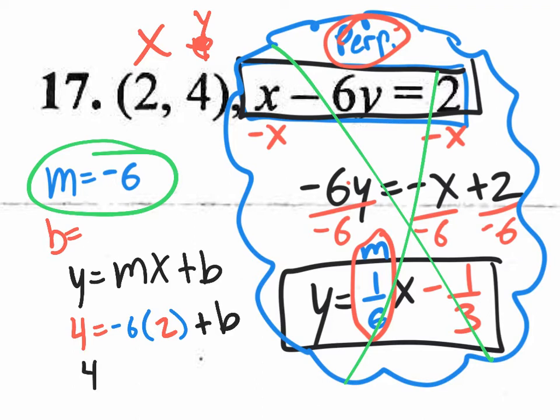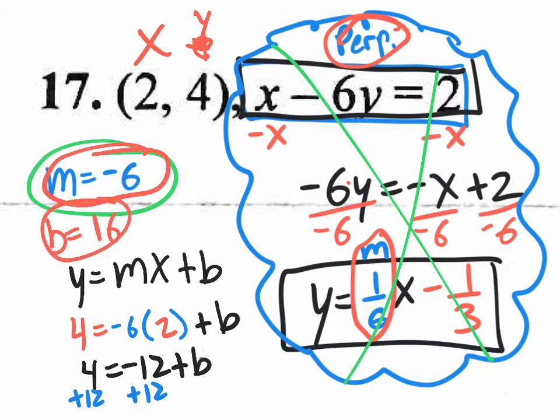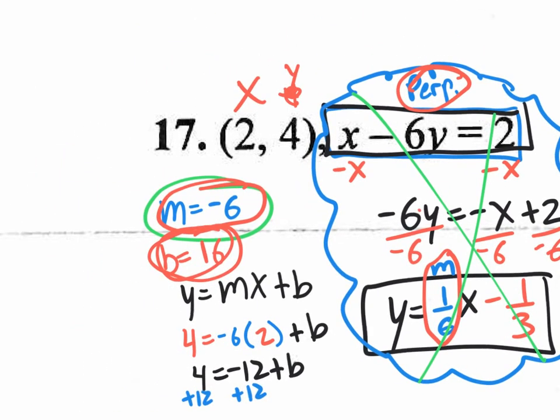So we have 4 equals negative 12 plus b, and if you add 12 and add 12, b equals 16. Now that we know our m and now that we know our b, we could write our equation in slope-intercept form for number 17, and that will be y equals negative 6x plus 16.